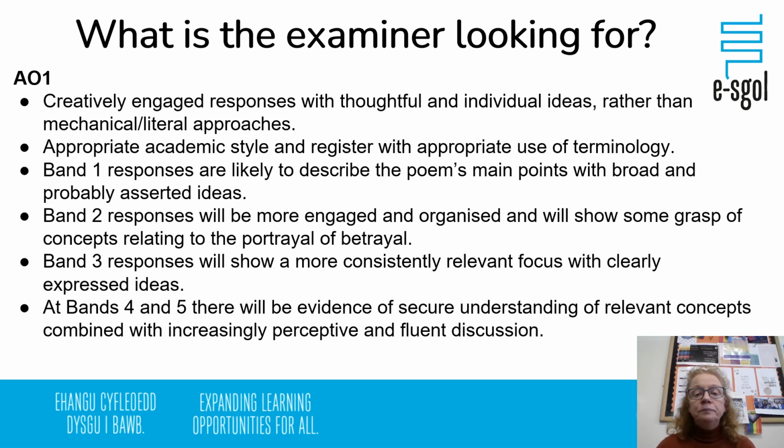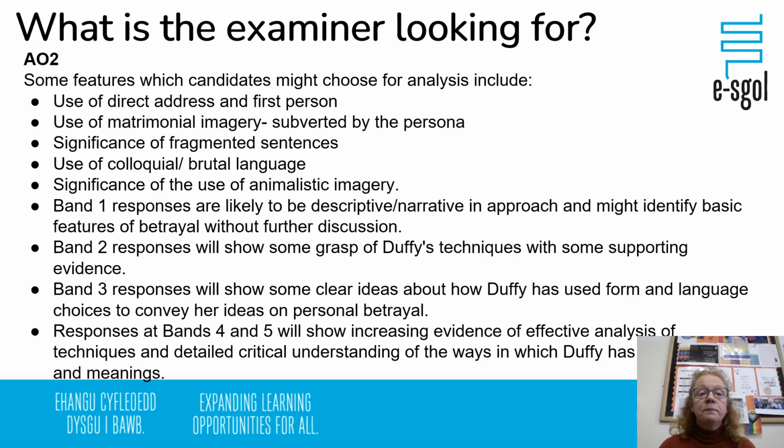What you've got here is that band 3 is focused and clearly expressed and analysing points in detail, but you're talking about going up to band 4 by putting in a more secure understanding, up to band 5 becoming more perceptive and more fluent in the discussion of what you're looking at. For AO2, similarly, band 3 goes up from just talking about how Duffy's used it to analysing it.